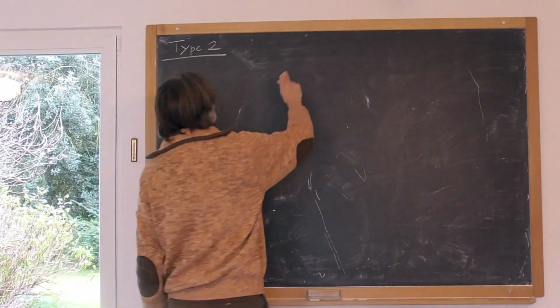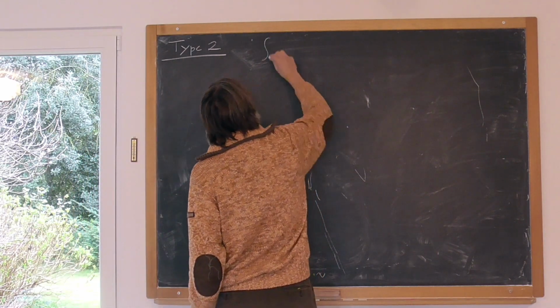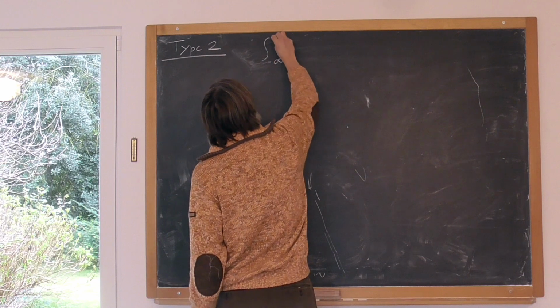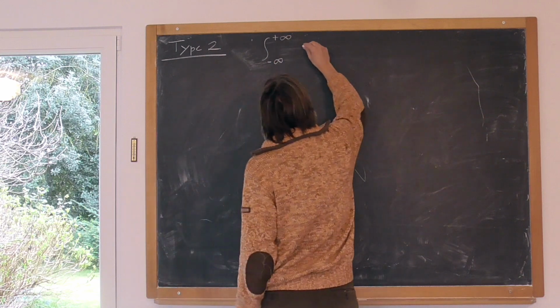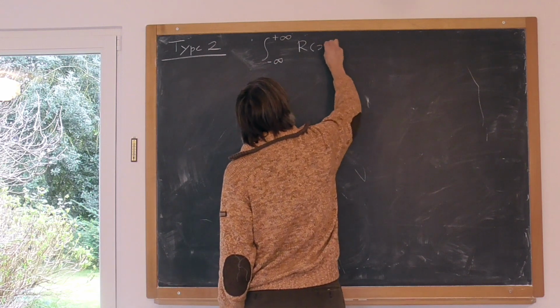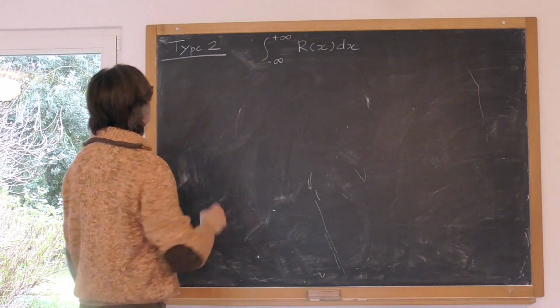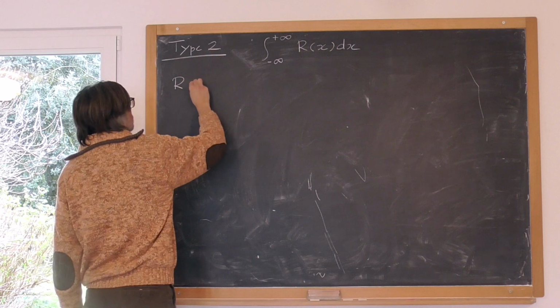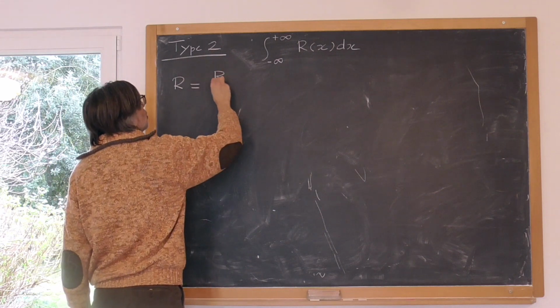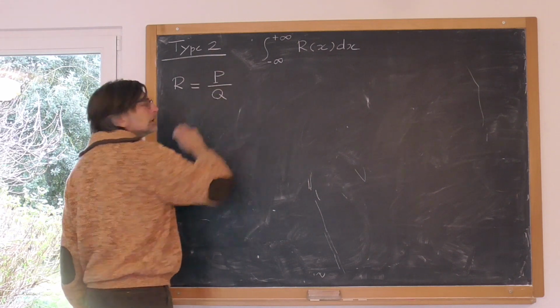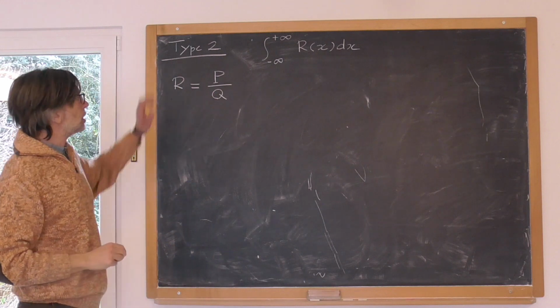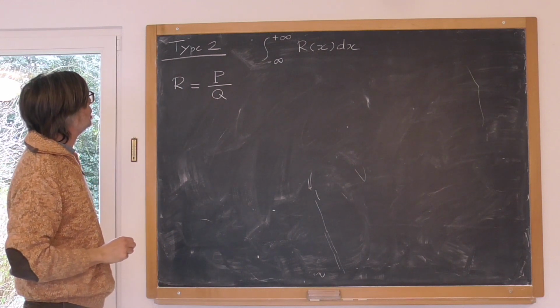Type 2 is we want to integrate between minus infinity and plus infinity some rational function, R of x dx. Here R is a rational function, so it's the quotient between two polynomials, P and Q. These are in general complex polynomials.